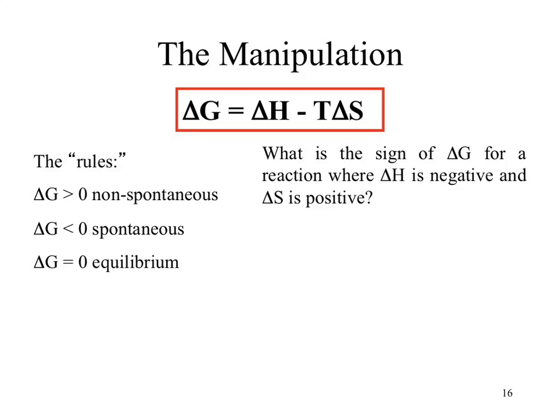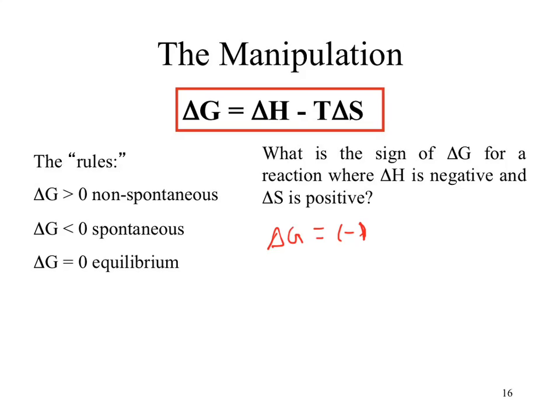Do we know what delta G is supposed to be? Delta G equals delta H minus T delta S, right? What did we say our delta H was? Negative. I don't care necessarily about the number, I just care that it's negative in this case.